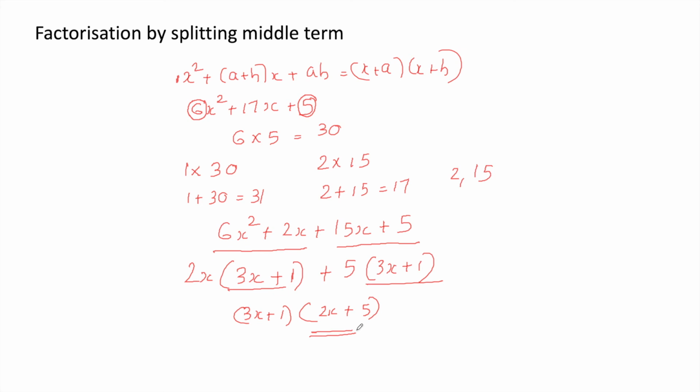We can consider one more example: 6x square plus 5x minus 6. So this term and this term should get multiplied. 6 into minus 6 is minus 36.